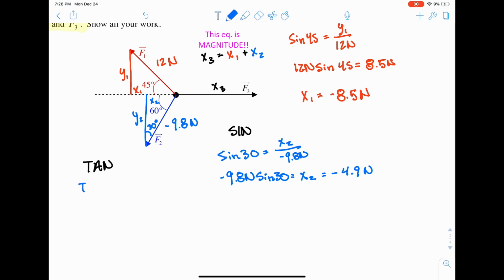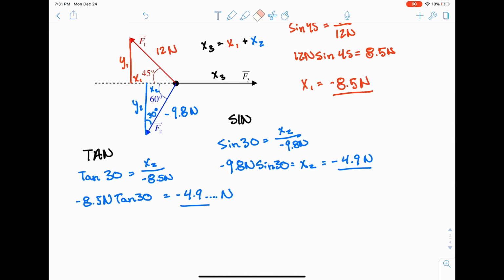You would set it up as tangent of 30 is equal to x2 over y2, which we previously determined to be negative 8.5 newtons. Rearranging this will give you negative 4.9, and there are a few more decimals, but you can pretty much just round this to that. As you can see, both numbers are pretty much the same.